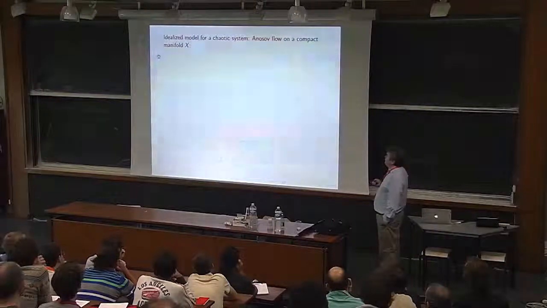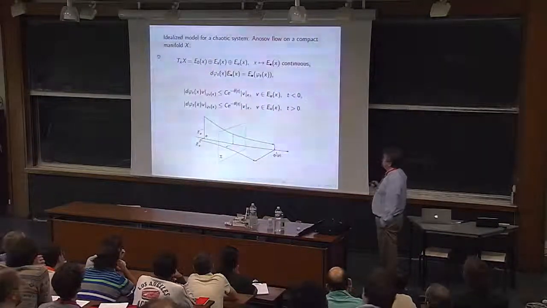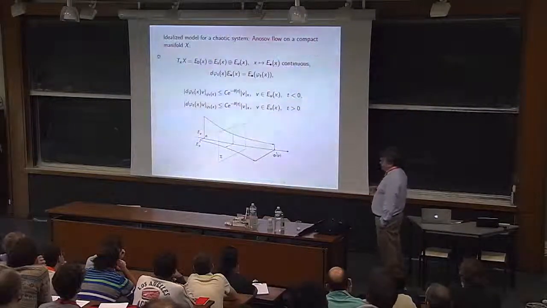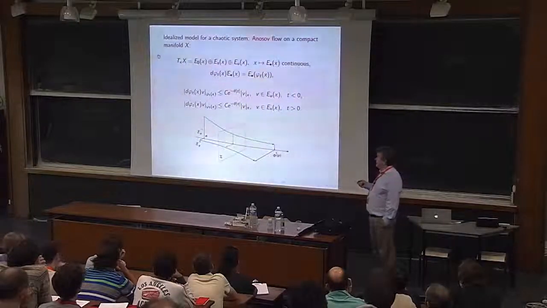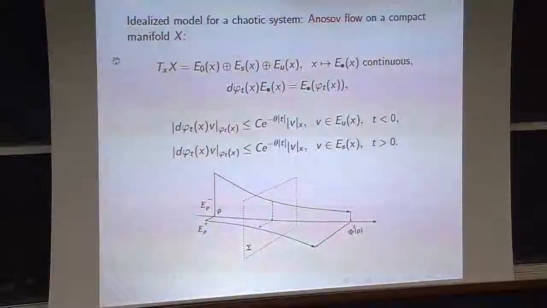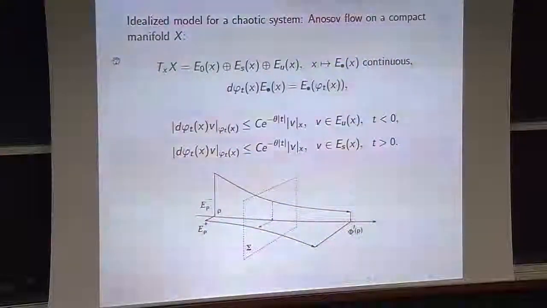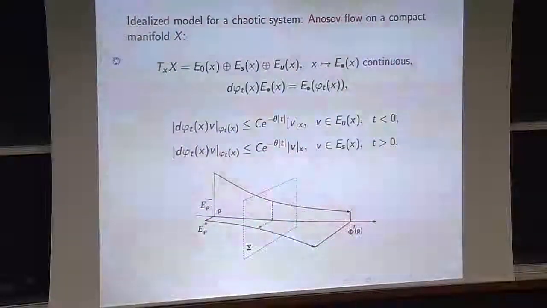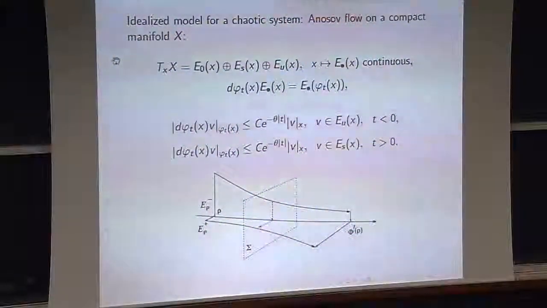An Anosov flow on a compact manifold is a flow, phi of t, which has the property that at any point of my manifold, the tangent space decomposes into 3 subspaces, which are invariant under the flow, and which have the property that along the unstable direction you have expansion, or if you like, contraction for negative times, and in the stable direction you have contraction for positive times.